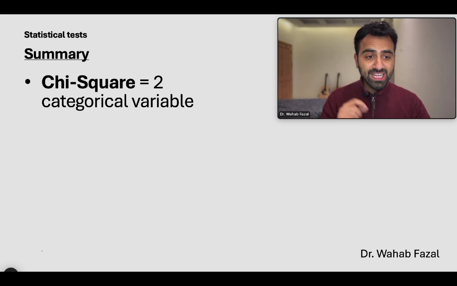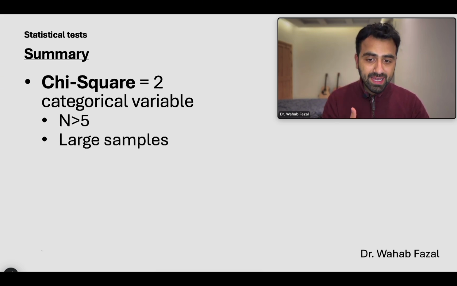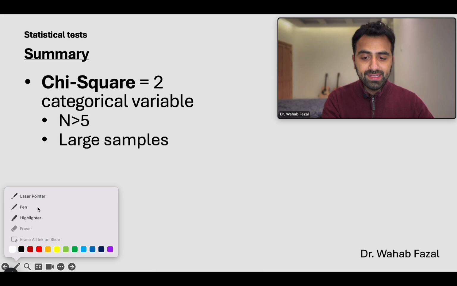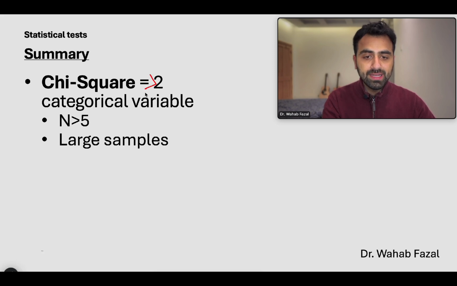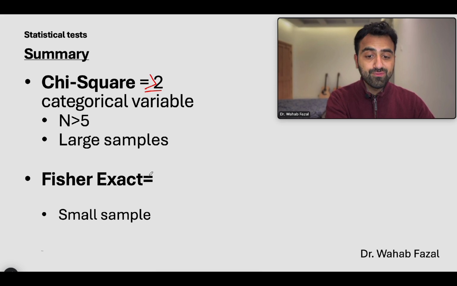So chi-square is between two or more categorical variables, large sample size, and each cell is greater than 5. Let's write that down here so that you remember: it needs to be two or more categorical variables. Fisher's exact test is for exactly two variables with a small sample, and you usually have at least one cell with n less than 5.